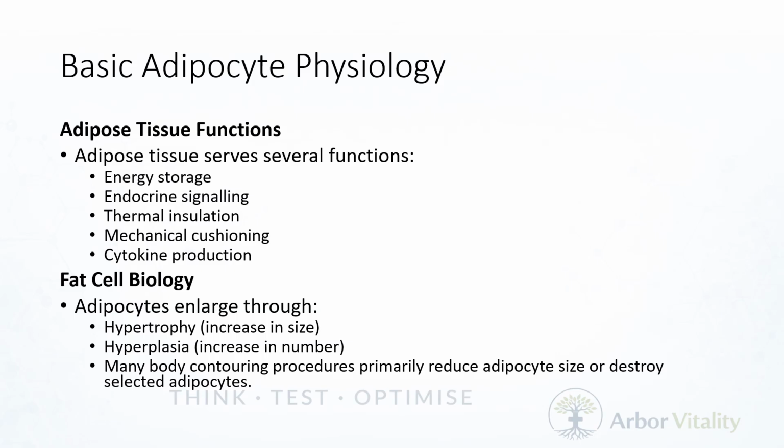So let's go through the basic physiology of an adipocyte. An adipocyte is a fat cell. It has several functions, namely energy storage, endocrine signaling, insulation, cushioning, and cytokine production. Endocrine signaling: fat cells are hormonally active. In other words, they can signal your body to produce more estrogen and reduce the production of testosterone.